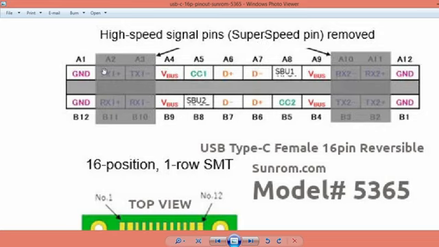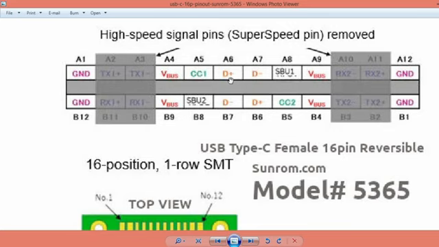It means you will see there is a transmitting 1 plus 1 minus, receiving 1 plus 1 minus, also the 2 series 2 plus 2 minus, transmitting and receiving, both 8 pins for the high speed data for 5 Gbps to 10 Gbps transmission data. These pins are removed, right?